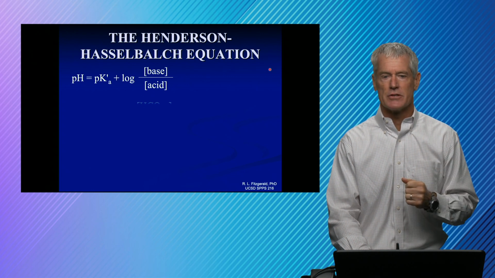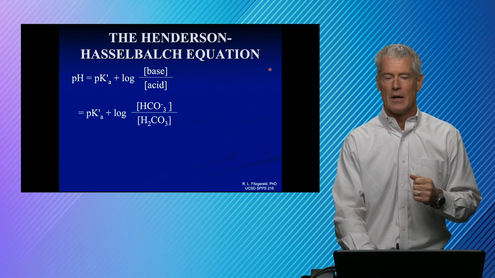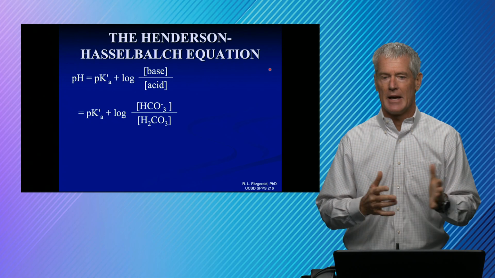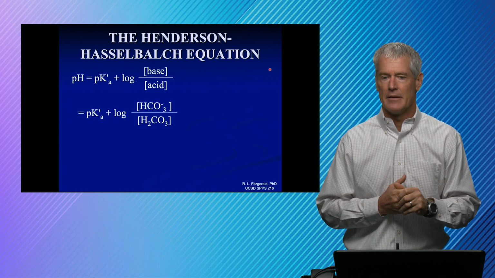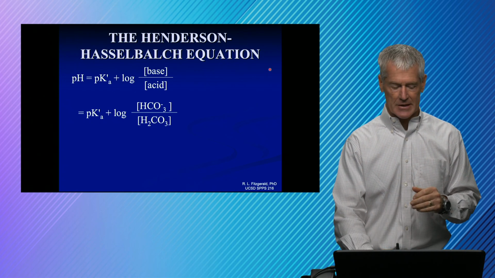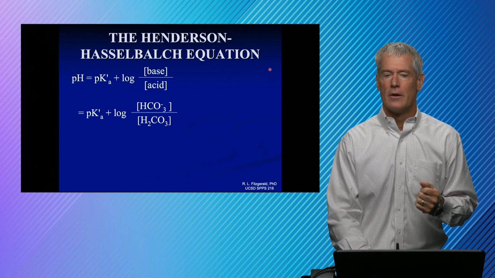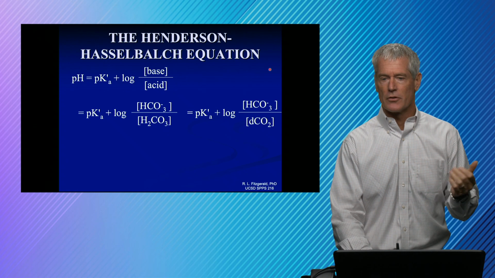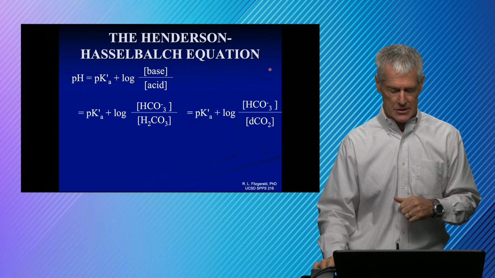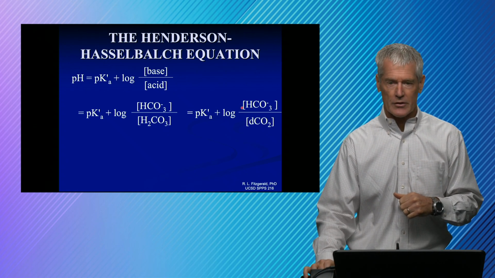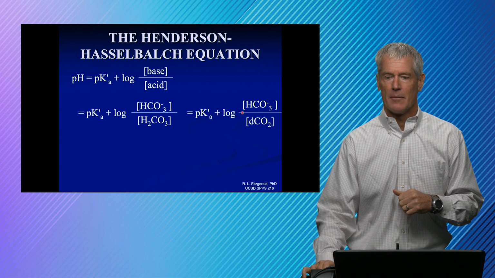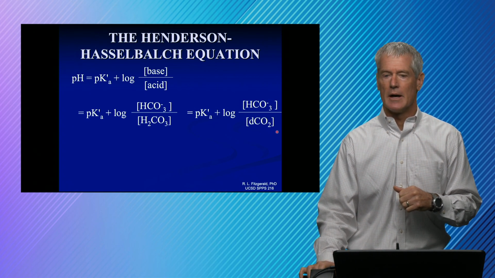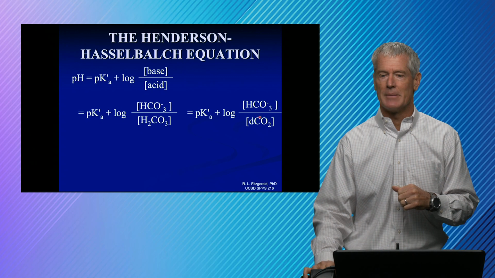So again, this equation has driven you crazy probably many times. It's simply the pH relationship to its pK and the concentrations of bases and acids. And figuring out what is the base and what is the acid was a stumbling block for me for a long time. It was always obvious that bicarb was the base, but DCO2 confused me because it didn't seem like that was an acid.